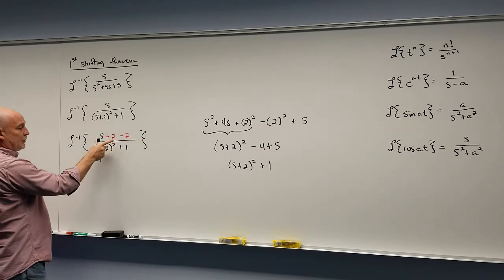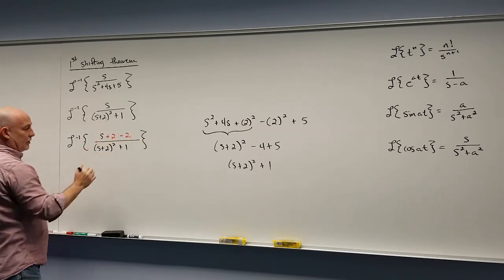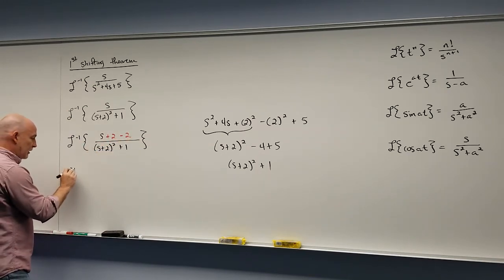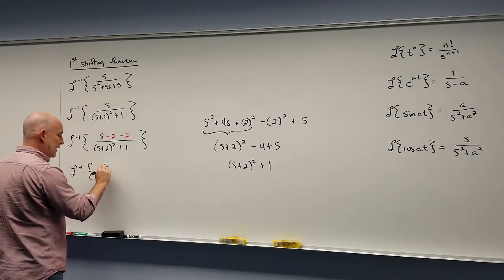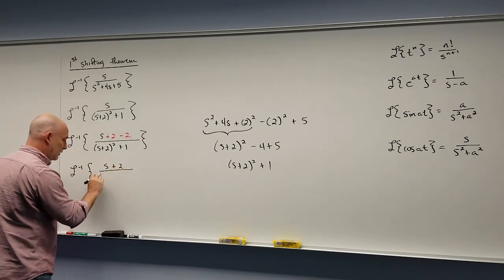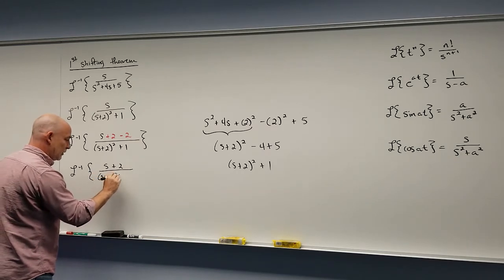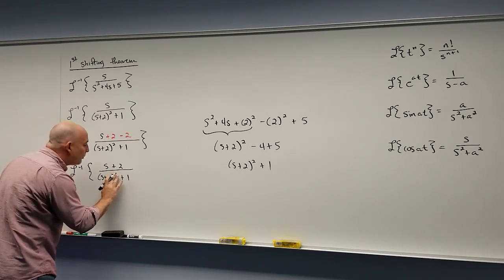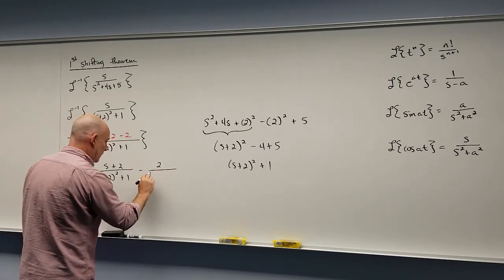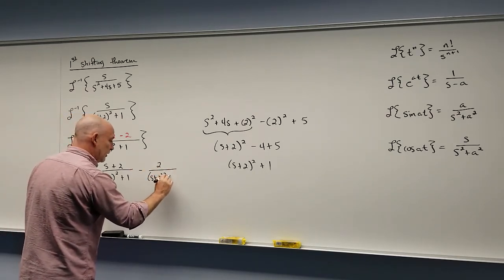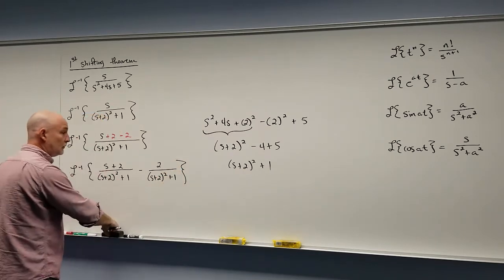Now I'm going to keep the piece that I want. I want that s plus 2, and I'm going to break that piece over to the side, break it up into 2 pieces like we've seen in the past. So I'm going to write this as s plus 2 over s plus 2 squared plus 1 minus 2 over s plus 2 squared plus 1.